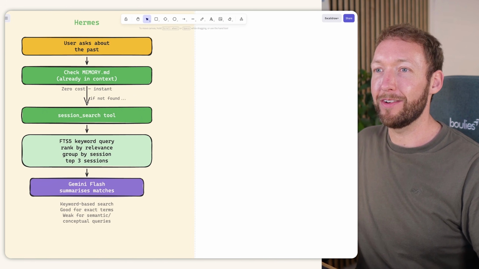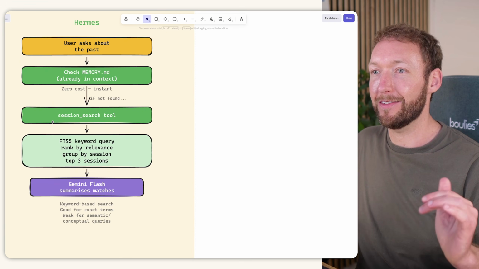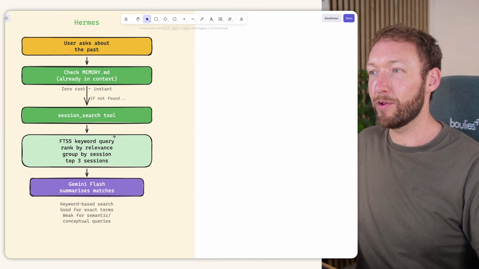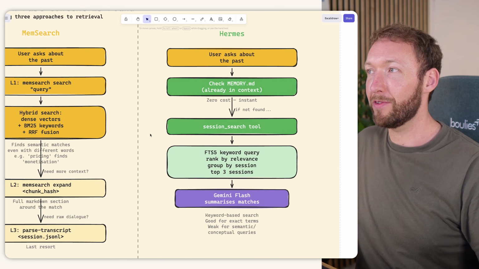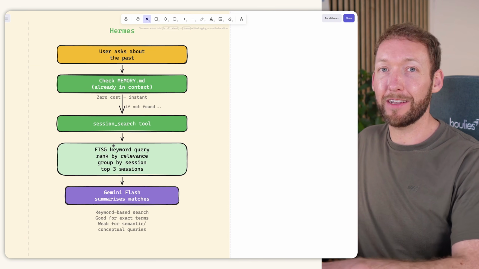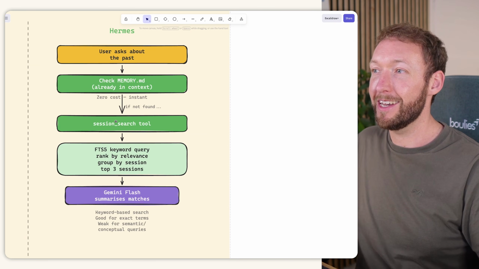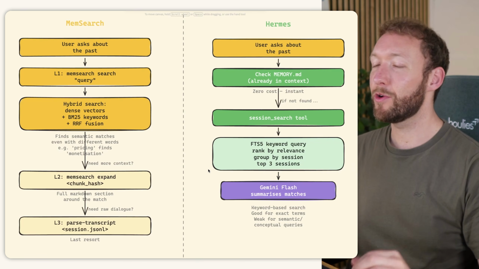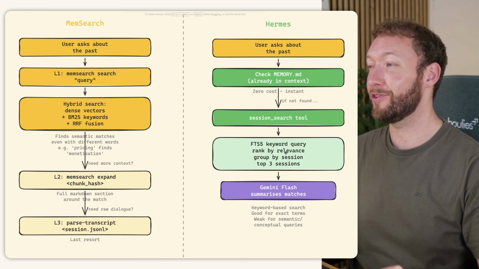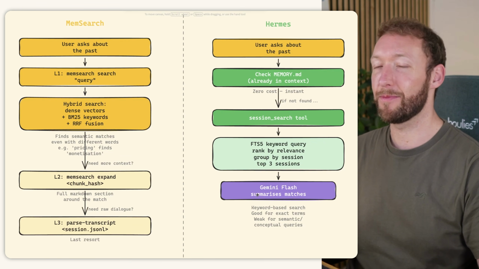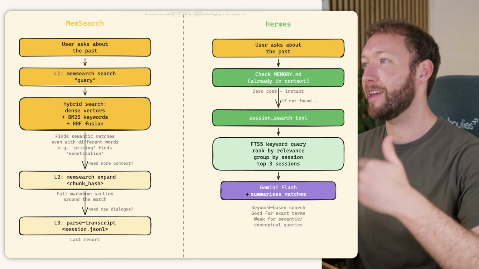If it is not found in there, then it goes deeper and searches the sessions. We already mentioned those were stored in a database, the same as we did for MemSearch, but instead of being a vector database, it's just searching by keywords effectively. So then what it's going to do is return the top 3 matching sessions by relevance, summarize them using Gemini Flash, and pass that back into the agent.